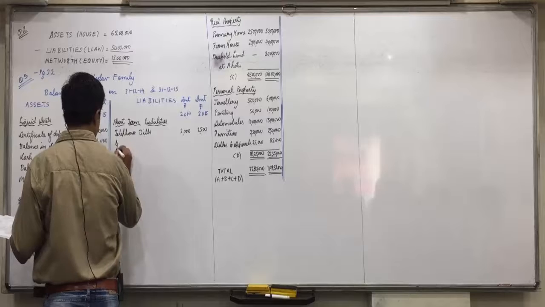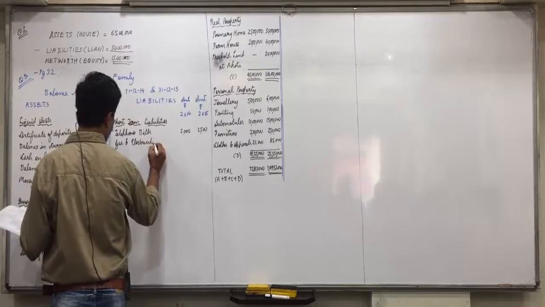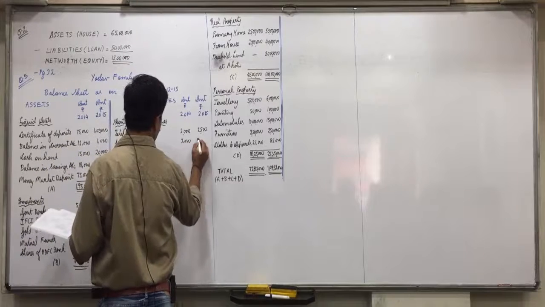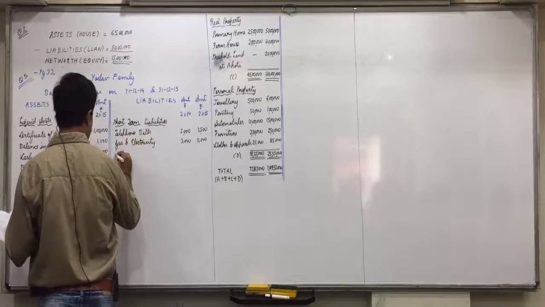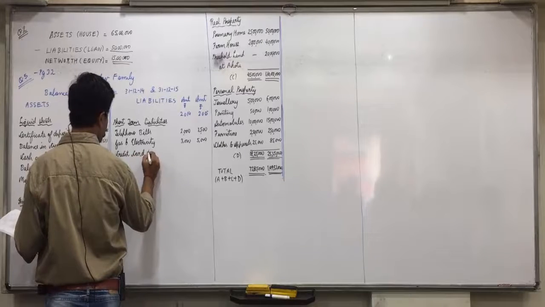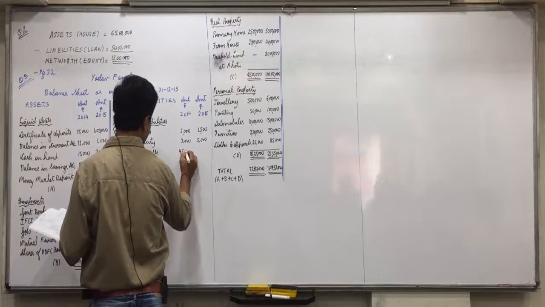Gas and electricity, 3,000 and 5,000. Credit card bills, 45,000 and 75,000.